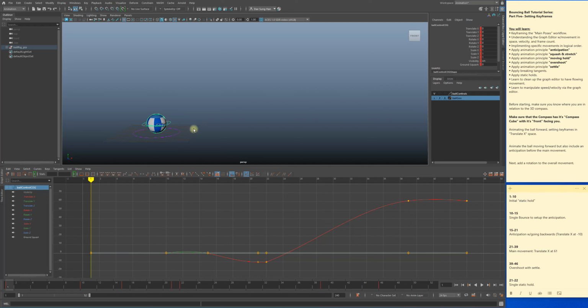This is the main movement from left to right. This is the overshoot with the settle. And lastly, just a little bit of having a single static hold over here, which I'll explain why. This over here is redundant.